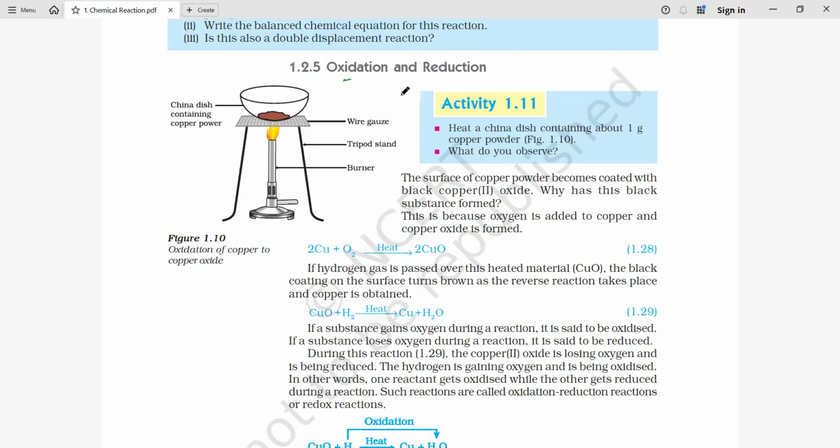After that, we have the displacement reaction, where a highly reactive element replaces a low reactive element. So that is called the displacement reaction or single displacement. Whereas in a double displacement reaction, one element takes the place of another, and both are removing the other elements. So that is the example of the double displacement reaction.